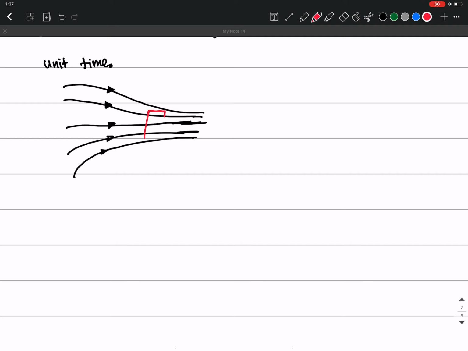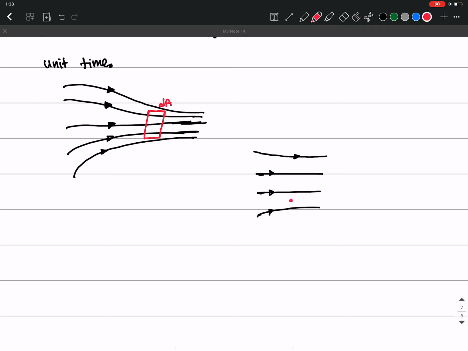It could be any surface. So we have this surface defined here.